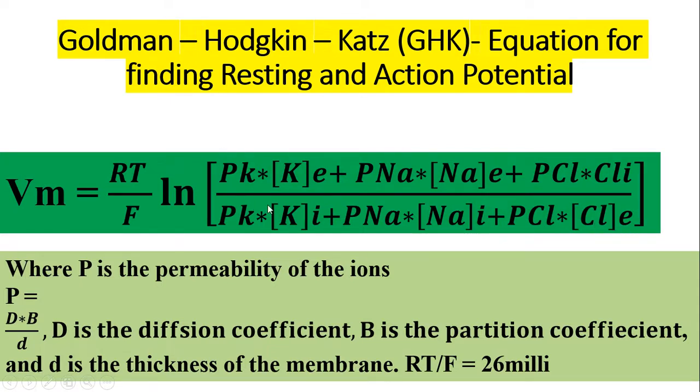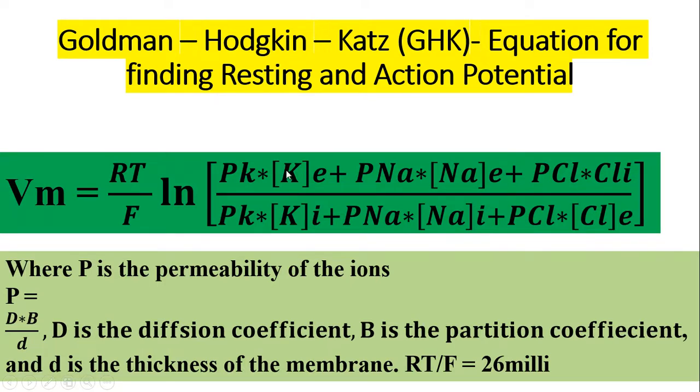Here the term PK stands for the permeability, so this equation is based on the permeability, and Ke stands for the extracellular potassium concentration. PNa stands for the permeability of sodium, and Nae stands for the extracellular concentration of sodium. PCl is the permeability of chloride, and Cli is the concentration of intracellular chloride ions.